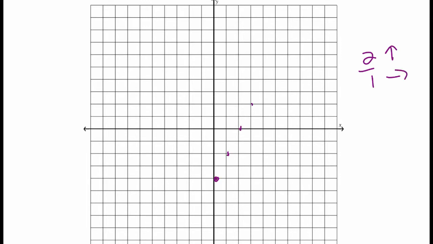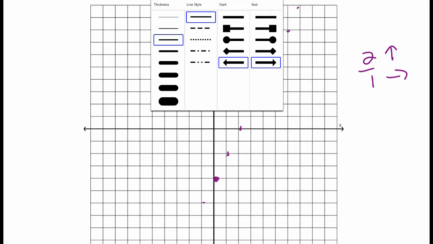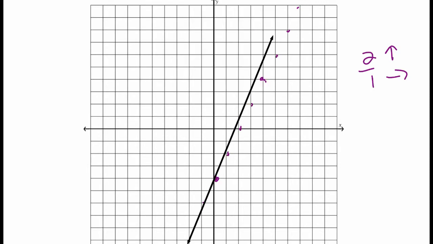Up 2, right 1. I'm doing this quickly, but your points would be much nicer than mine. So slope is change in y over change in x, our rise over our run. It's measuring the rate of change. How is my function changing?